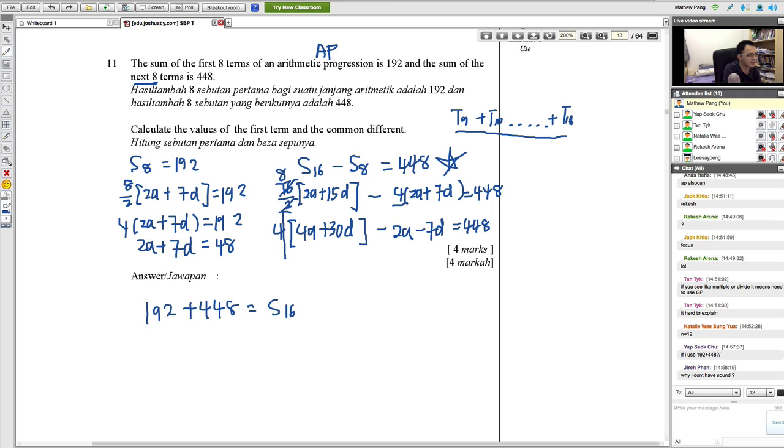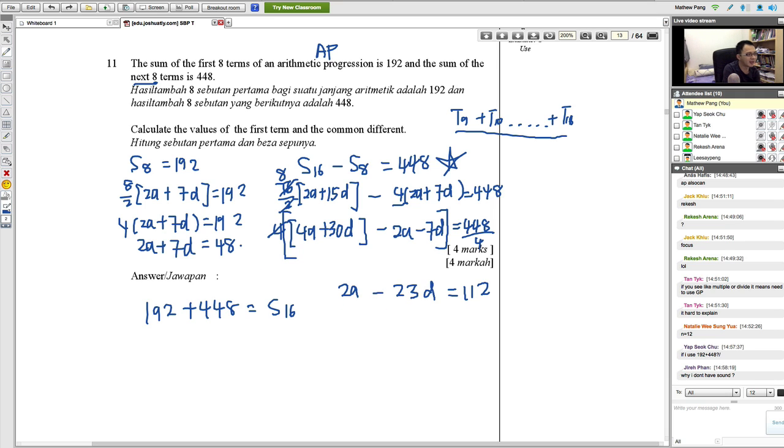Oh, the 4 actually is for the whole thing, so I move the 4 to the other side, divide 4, becomes 112. Then 4a minus 2a, I am left with 2a, and 30d minus 7d, I get 23d.